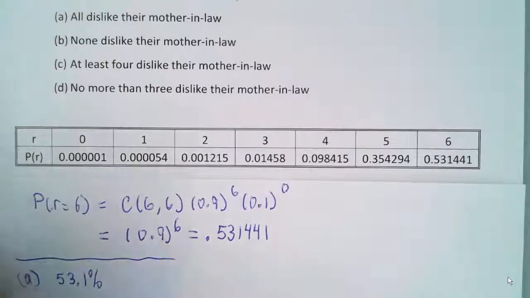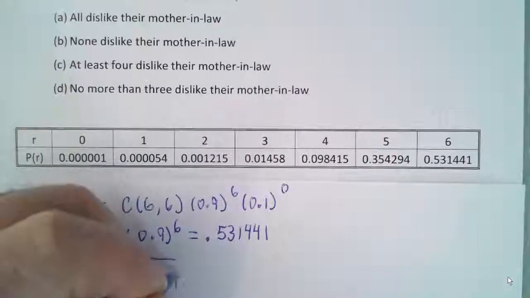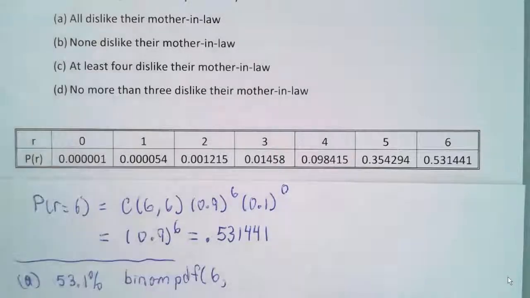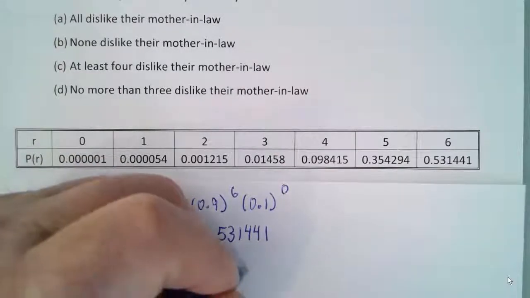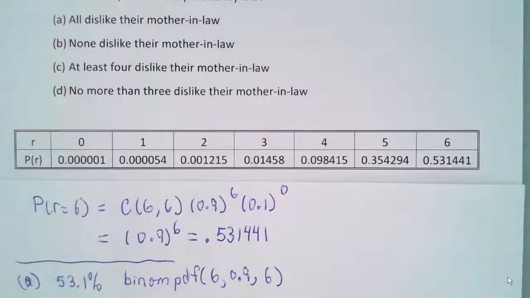If you want to know where we got that from our calculator, that was the binomial PDF function. 6 trials. Probability of success is 0.9, and we want 6 successes. Or, of course, you could do it with this formula, which we have sitting right here.